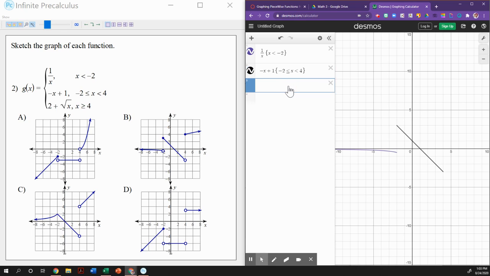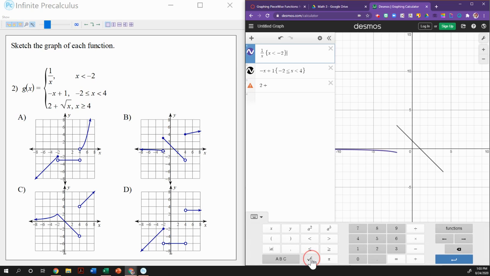And then 2 plus, let me hide these tools, square root x. Make sure you click that arrow key so you're not underneath the radical. Curly bracket, x greater than or equal to 4, close that bracket.